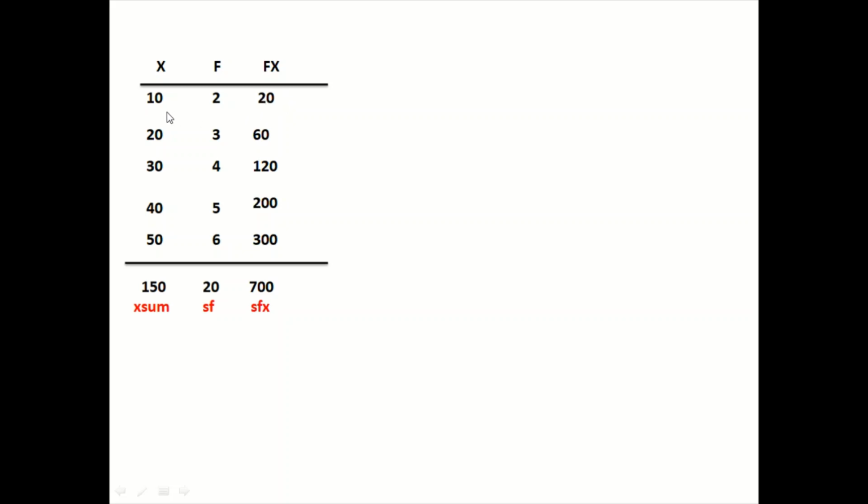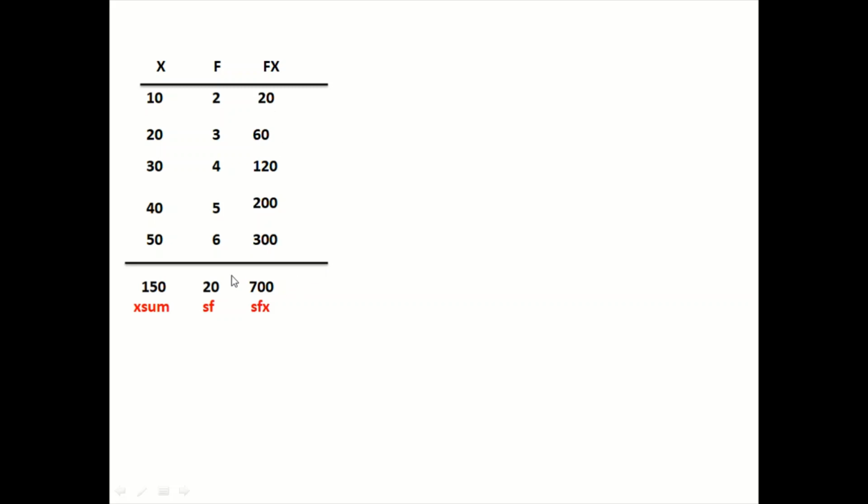What is fx? 10 into 2, 20; 20 into 3, 60; 30 into 4, 120; 40 into 5, 200; 50 into 6, 300. Again, these values are totaled and stored to sfx and that total value is 700.